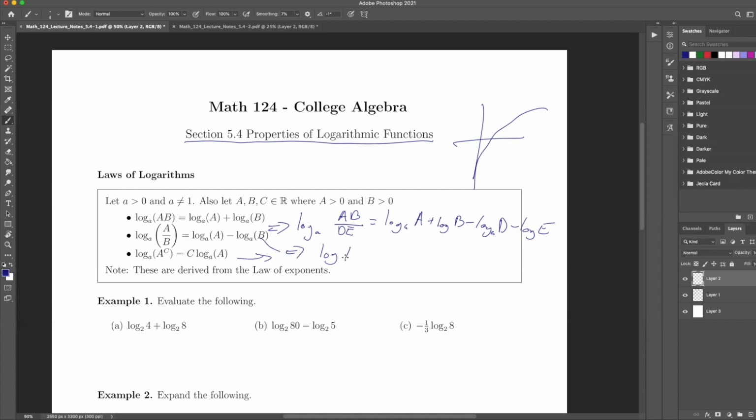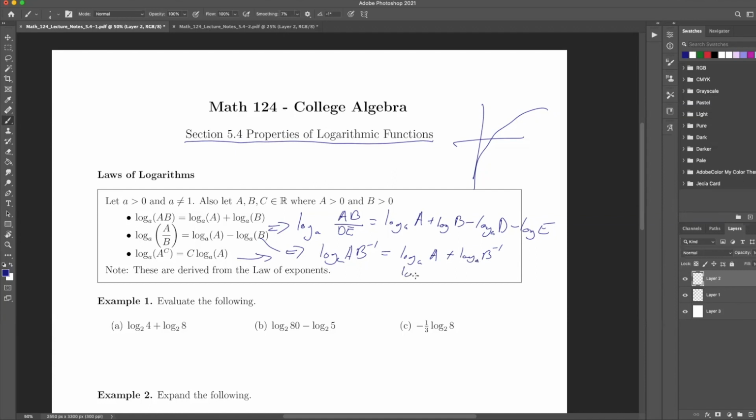Okay. And this deals with multiplication. And so here, if I have log of A times B to the minus 1, this is the same as log of A plus log of B to the minus 1.